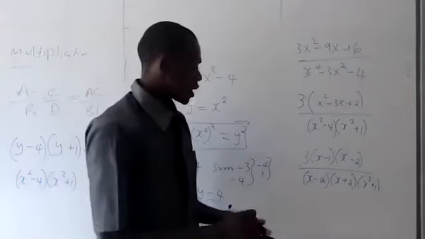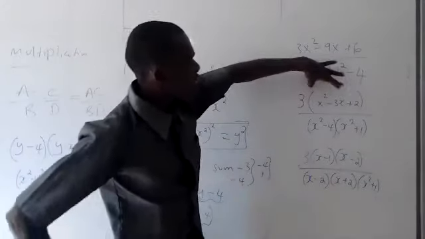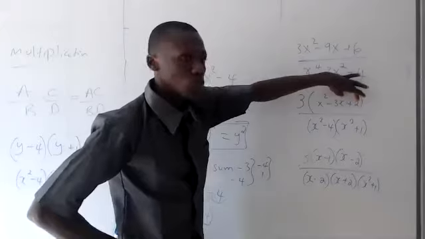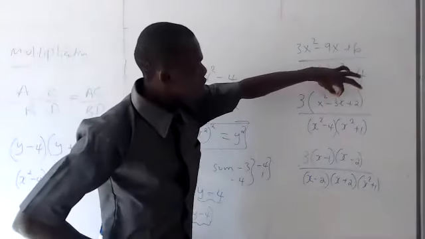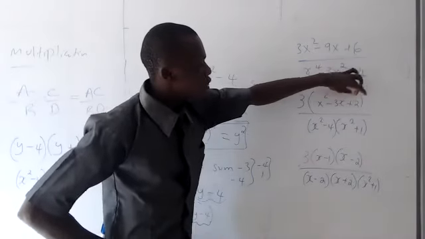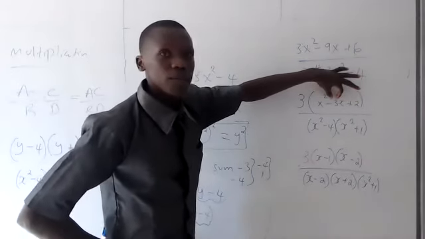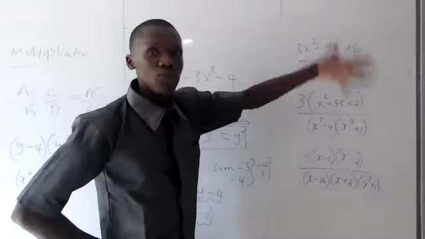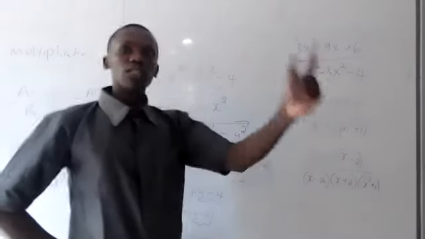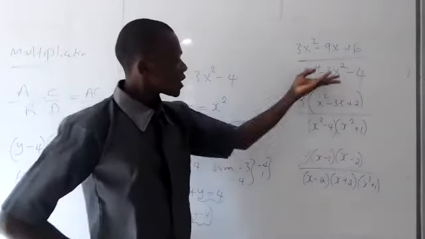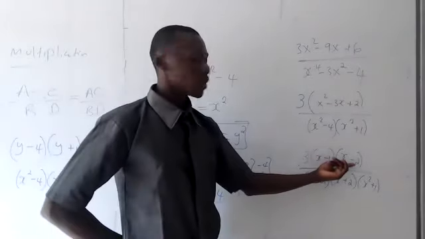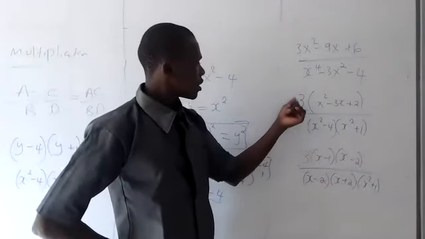The numerator x squared minus 3x plus 2: look for two numbers whose product is 2 and sum is -3. -1 times -2 is 2, -1 minus 2 is -3. So this factors as x minus 1 times x minus 2, and there's a 3 up here.